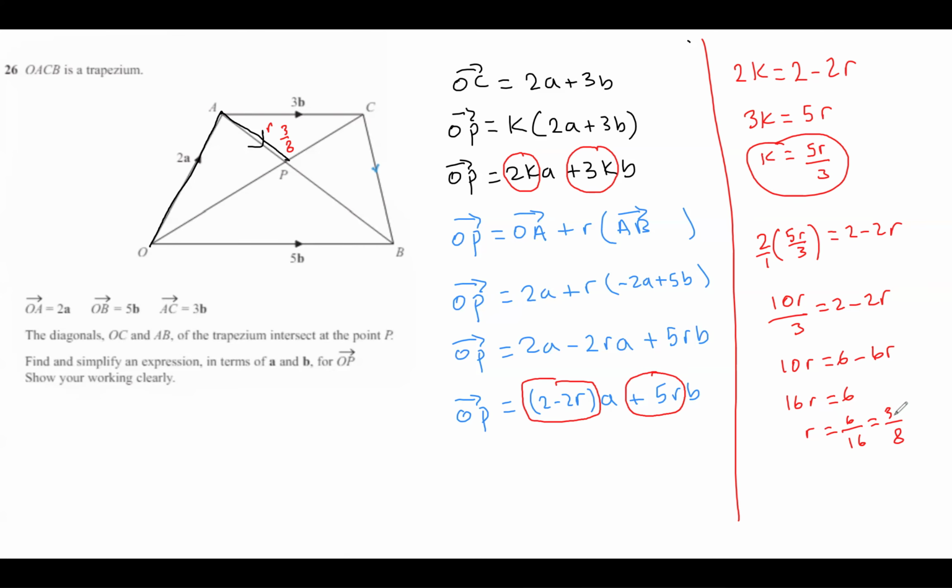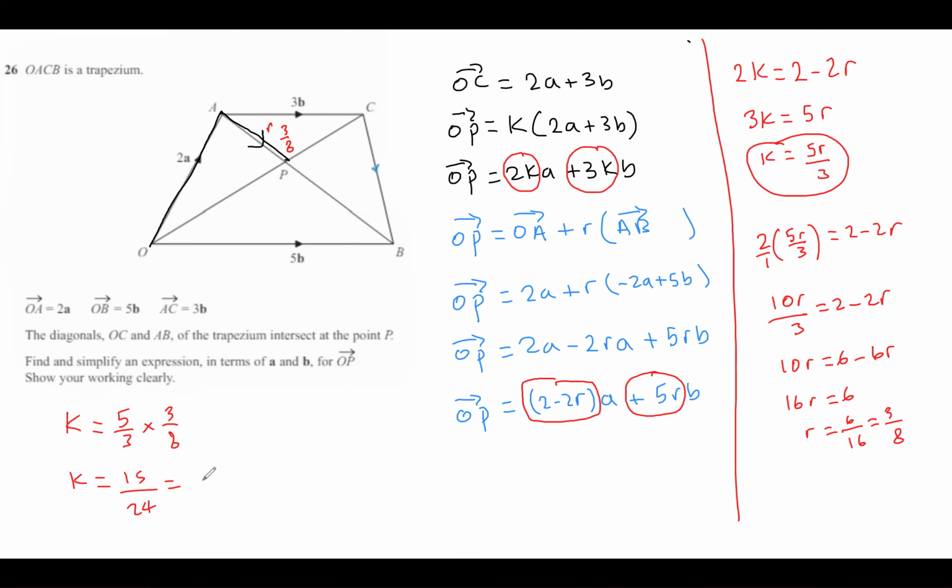Since r is 3 over 8, then k is going to be equal to 5/3 multiplied by r, which is going to be 3 over 8. So k is going to be 15 over 24.